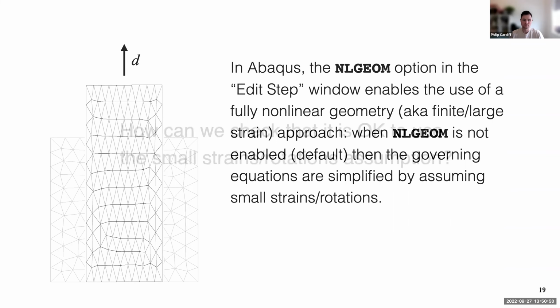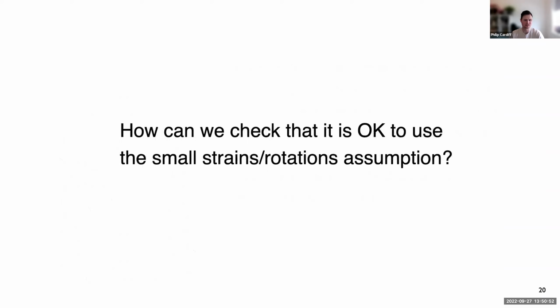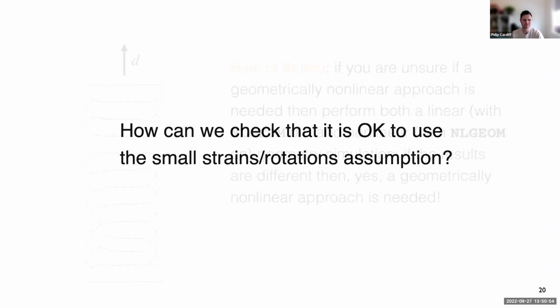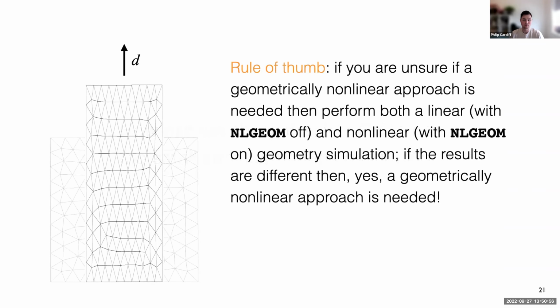And so how can we check if it's okay to use the small strain rotation assumption? Well, if you're unsure if geometric nonlinearity is needed, then perform the simulation twice. Do it with nlgeom off, so a linear geometry approach, and nlgeom on, so a nonlinear geometry approach.